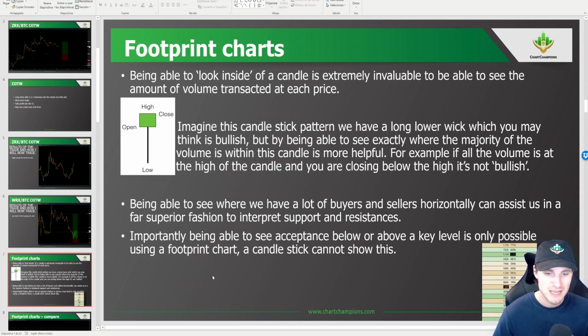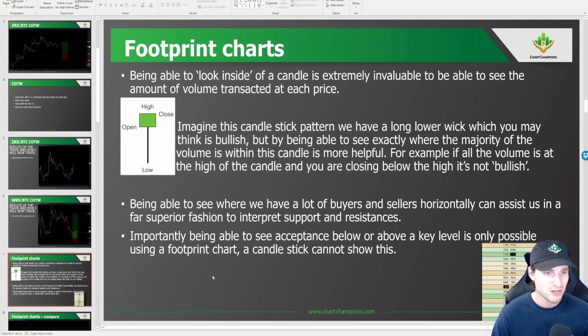They are a lot different from standard candlestick charts, and 90% of charts are generally going to be standard Japanese candlesticks, which is what the majority of people trade. What I want to give you tonight is an introduction and how I like to use footprint charts. What you have to acknowledge is that footprint charts have a lot of depth.